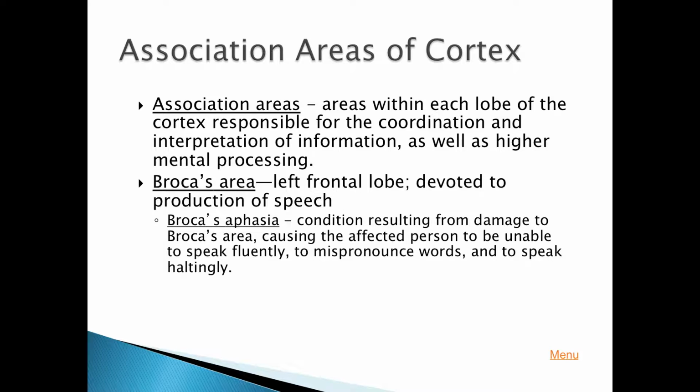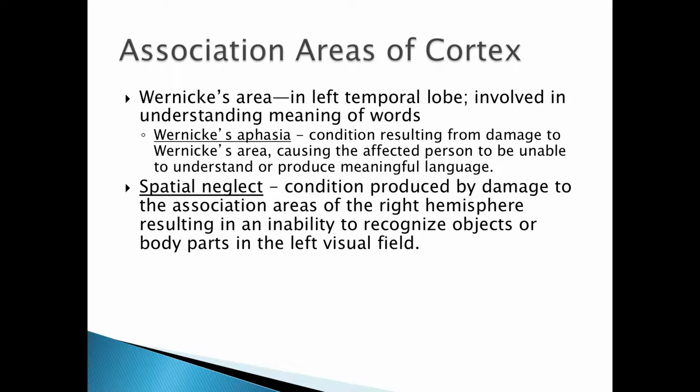So Broca's aphasia is when that is damaged. Somebody's going to have a very difficult time being able to speak fluently. They might speak haltingly, or they might mix incorrect words in with what they're saying, or mispronounce words. The actual production of speech becomes dramatically impacted when that area is impacted.